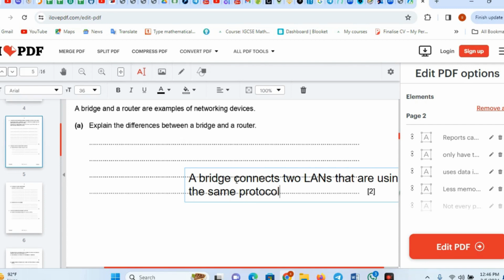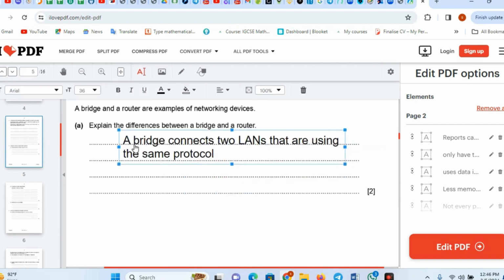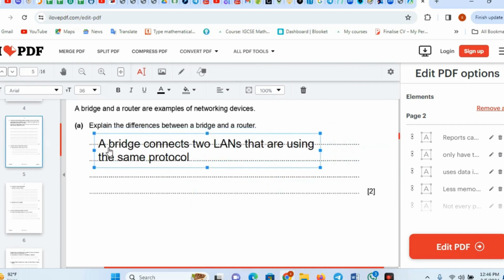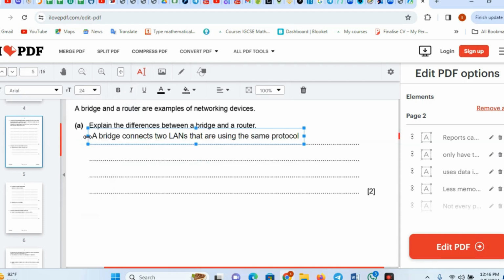When two LANs use the same protocol, then a bridge connects them together. That's one. Do you understand that?